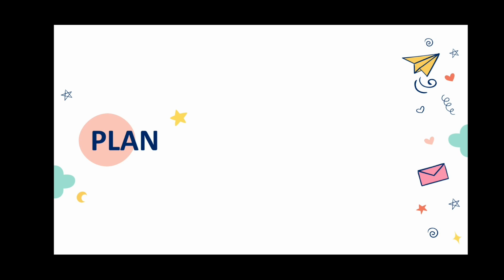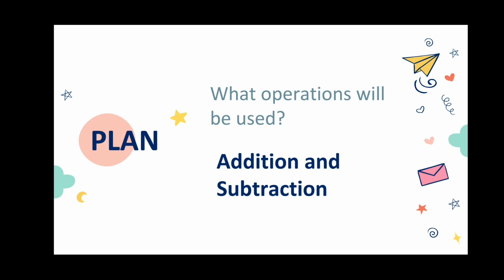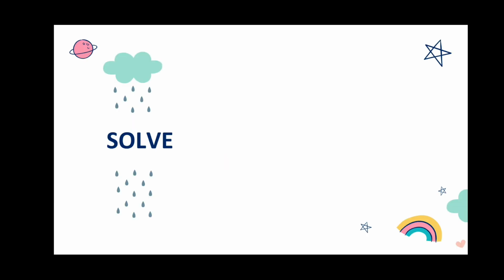Next step is plan. What operations will be used? So we're going to use addition and subtraction. So, i-add natin yung amount ng bawat piece ng candy. And then after nun, we're going to subtract that from the amount of money na meron si Mang Tino. Now, let's solve.